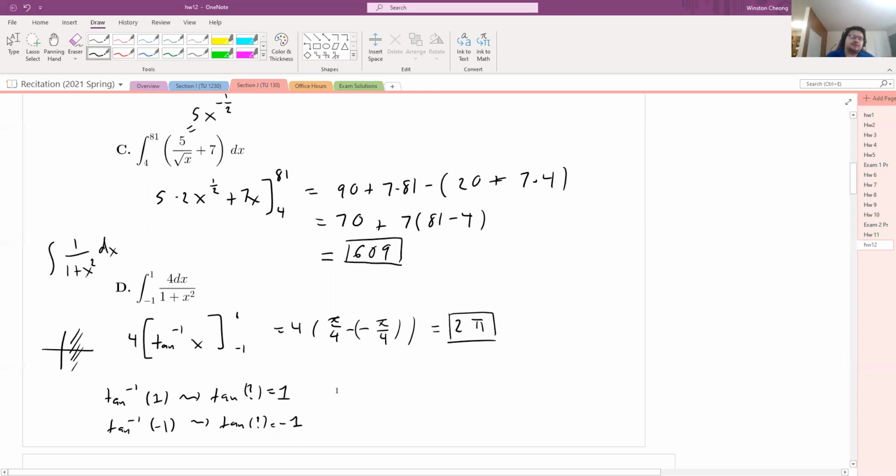It comes down to pattern matching, seeing this 1 over 1 plus x squared and recalling from the list of inverse trig derivative rules, the arctangent. You should have all those derivative tables somewhere, and you can look through and you'll see this showing up.